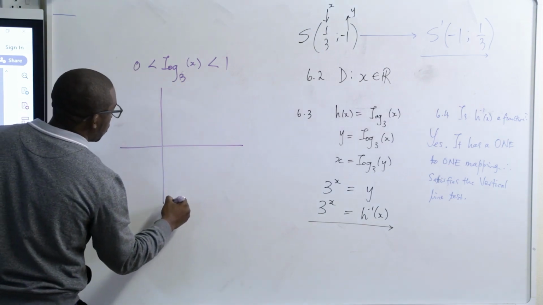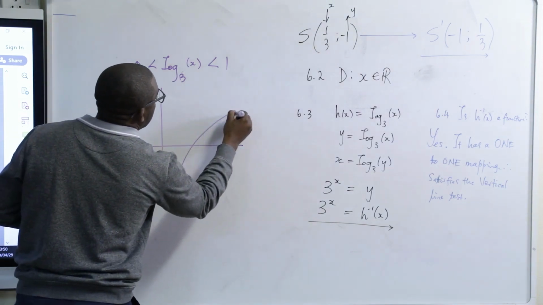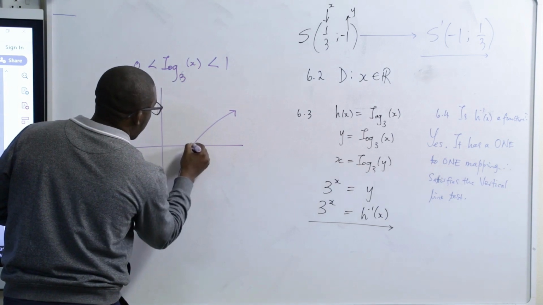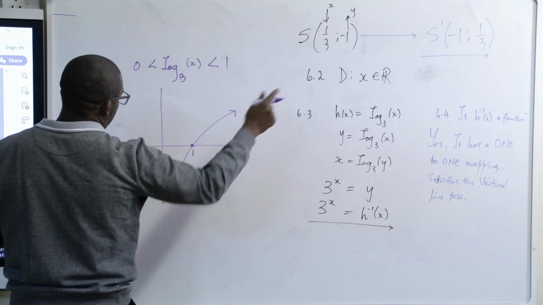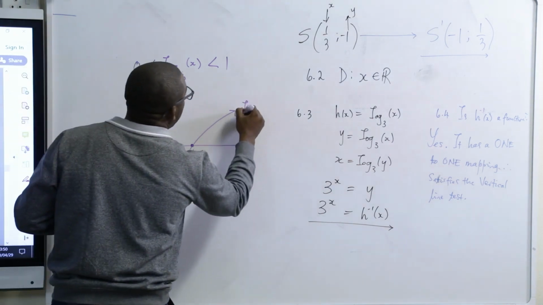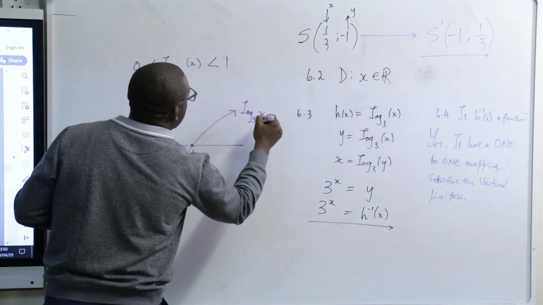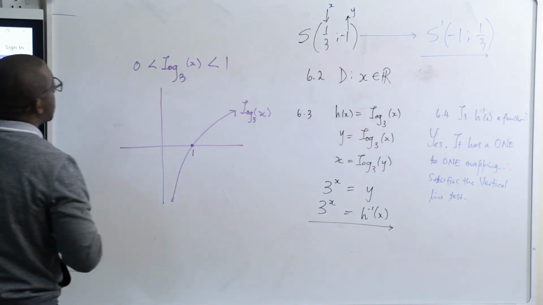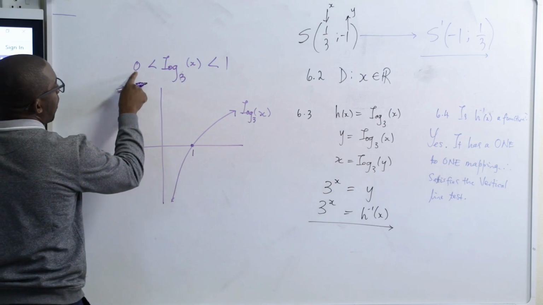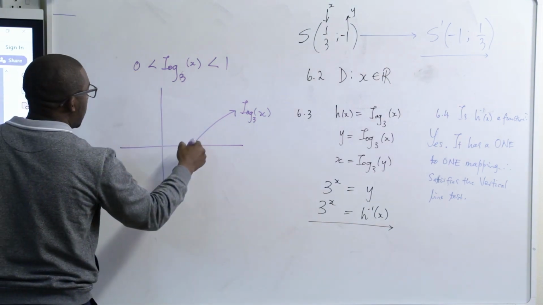The graphical approach is going to be like this. This point is 1 in terms of x, and it continues in that fashion. This is the function log to base 3 of x. Where is this function having a y value of 0 up to 1?